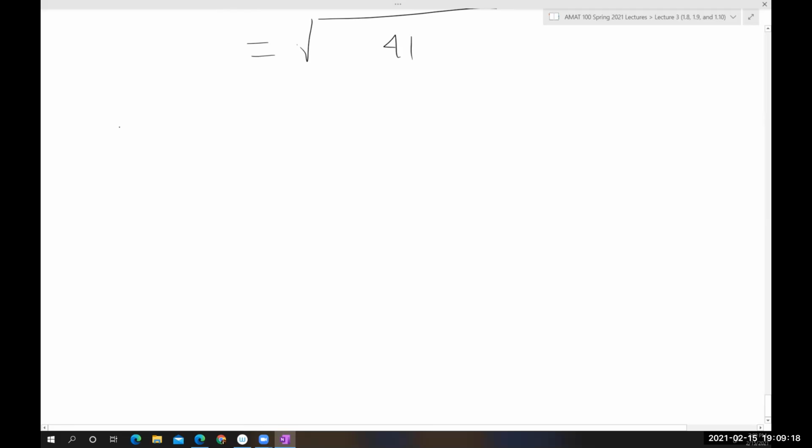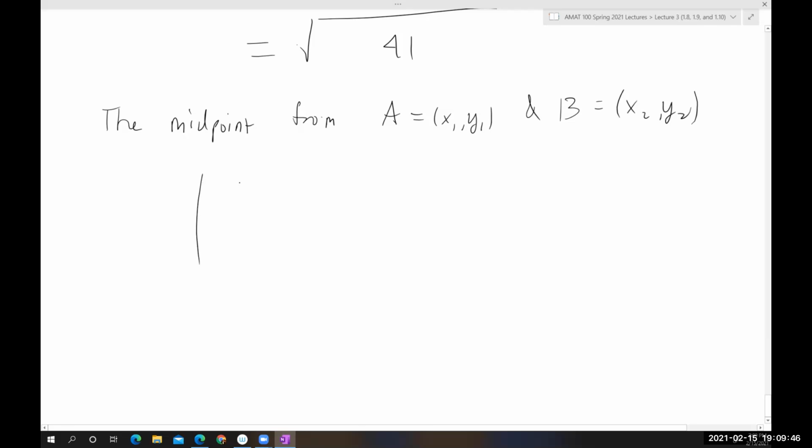So the midpoint from the point A, which is described by the coordinates x1 and y1, and the other point being x2, y2, is given by this.